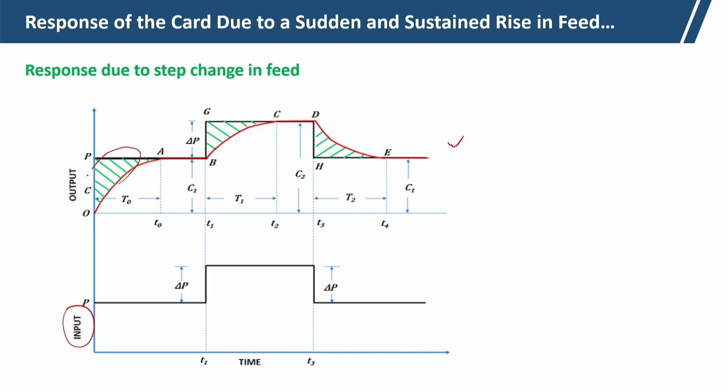This hashed portion in green color shows the card is getting loaded, and this loading continues up to T0. At point A the saturation will be reached, and that continues up to T1.